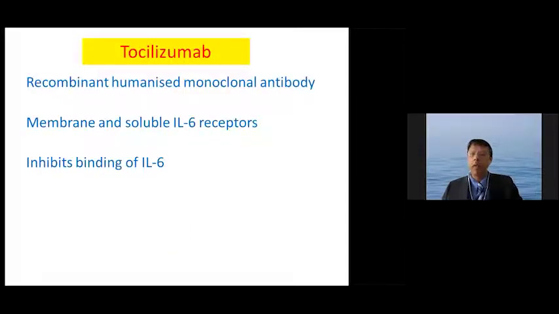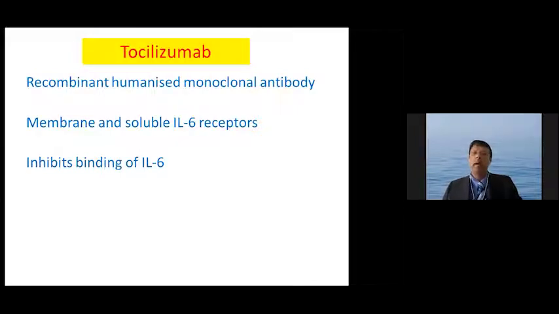So what is tocilizumab? I have previously described to you some aspects about monoclonal antibodies and biologics, and the general characteristics of these can be found in that small clip.